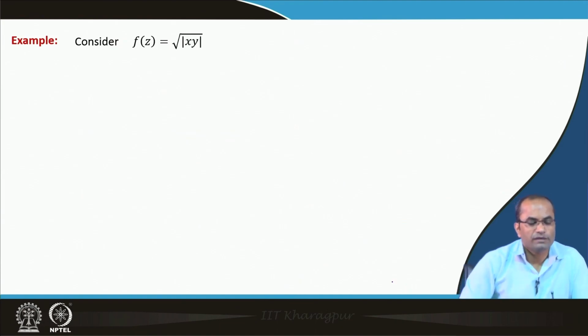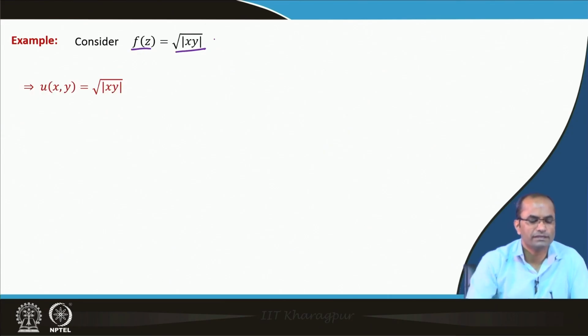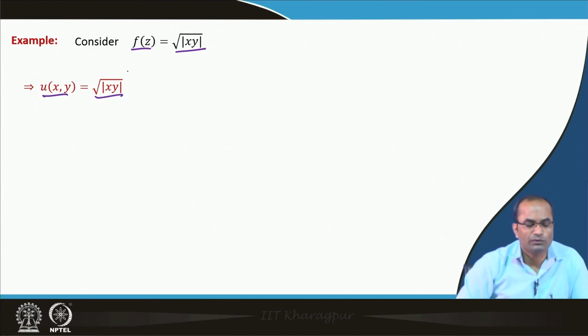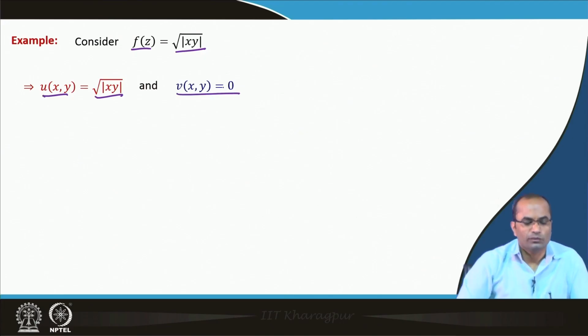This is the example where we have taken f(z) equal to the square root of the absolute value of xy. So, in this case u(x,y) is exactly the square root of the absolute value of xy, and v(x,y) is 0.